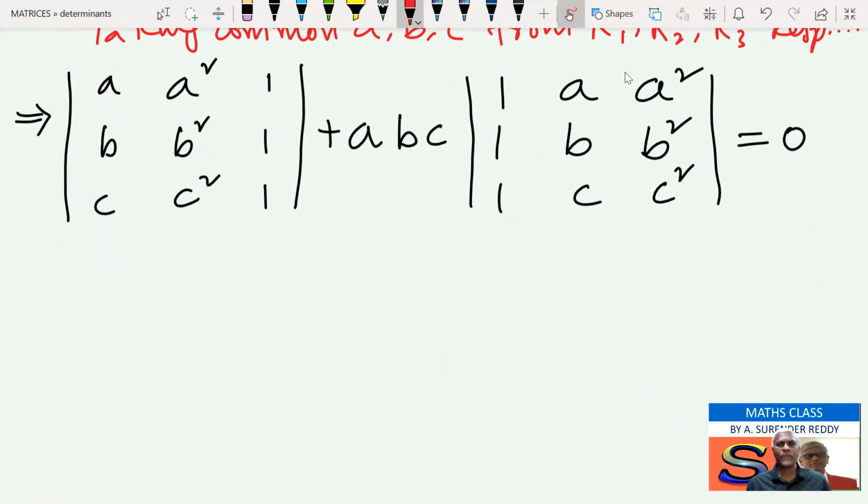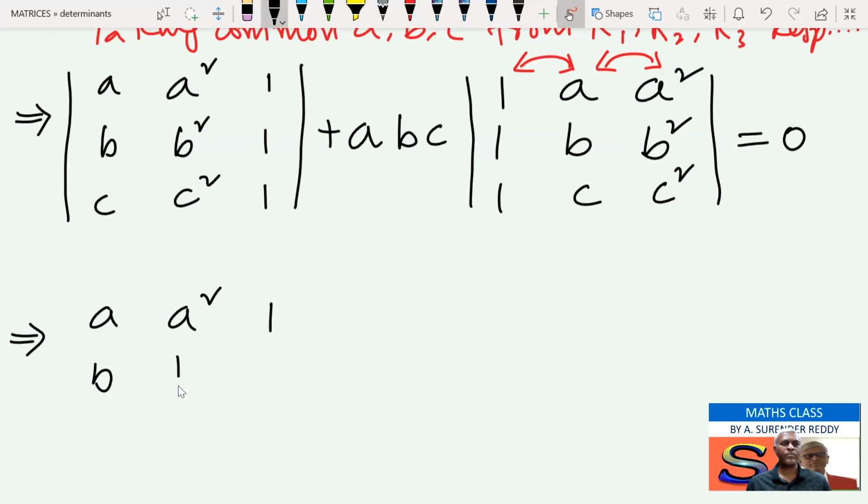Now, interchanging, here A should come here. I am interchanging C1 as C2 and C2 as C1 and C3 as C3. I am interchanging two columns. This one has no change: A, A square, 1; B, B square, 1; C, C square, 1.